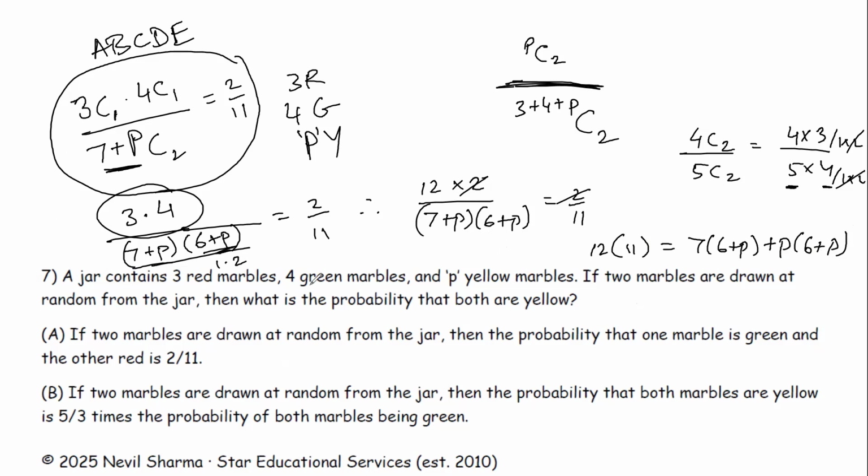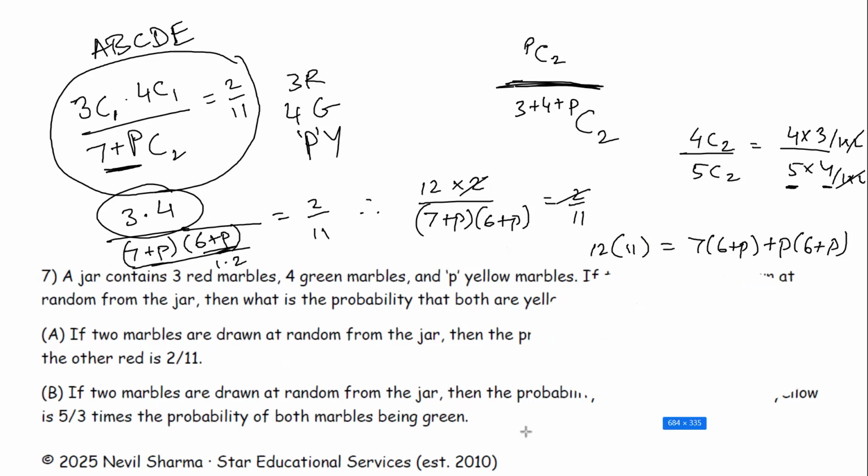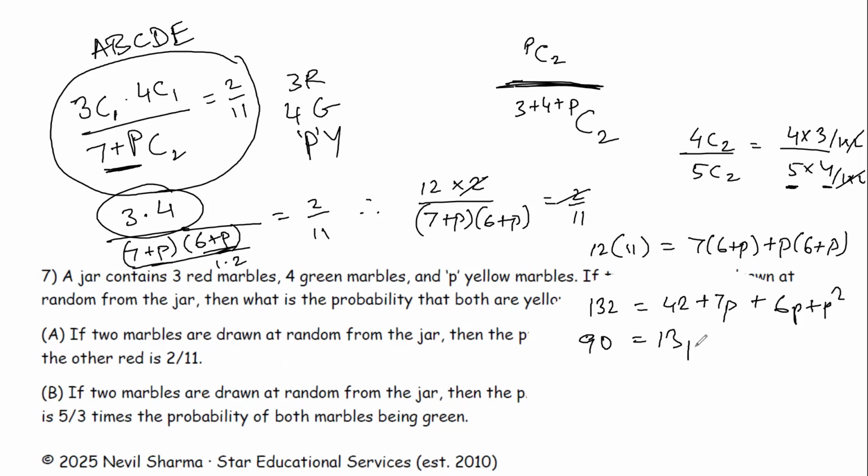So I'll just use this space out here. 12 tens are 120, 132 is equal to 42 plus 7P plus 6P plus P square. So 132 minus 42 is 90, equal to 13P plus P square.